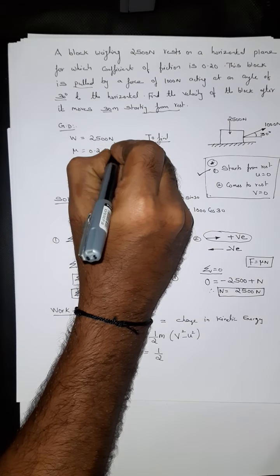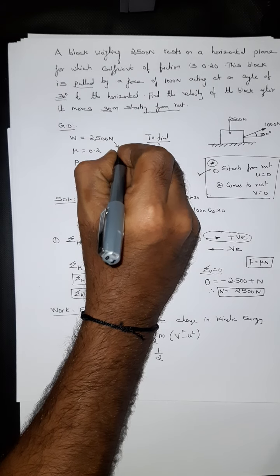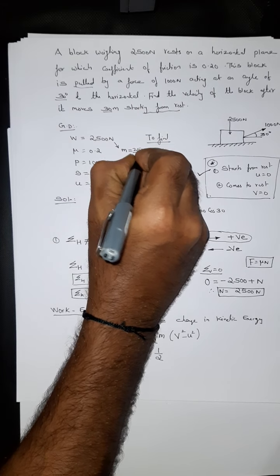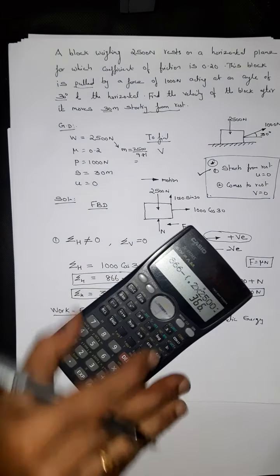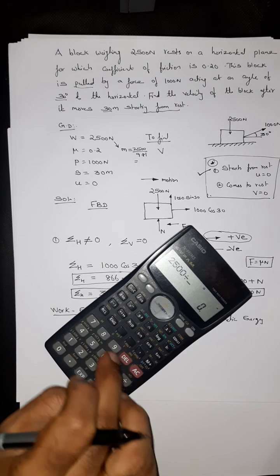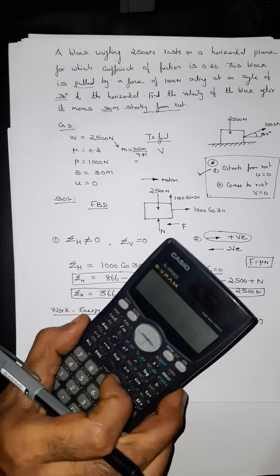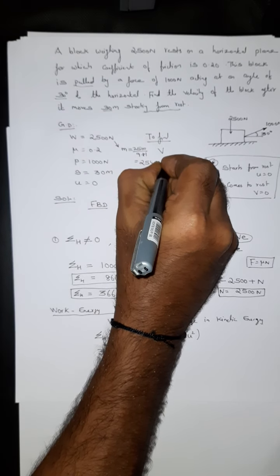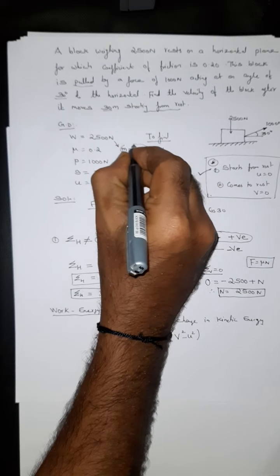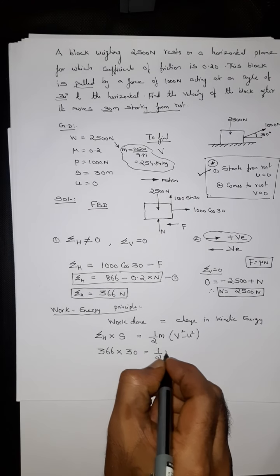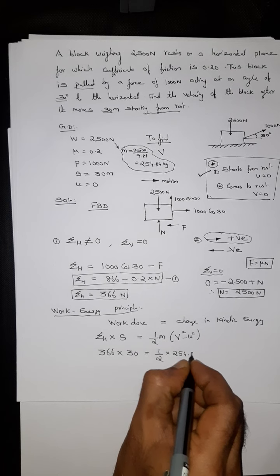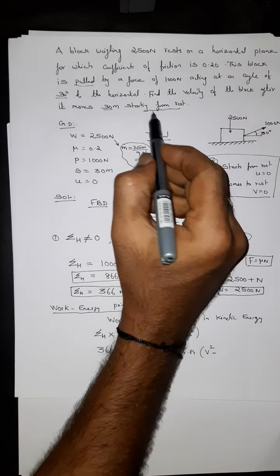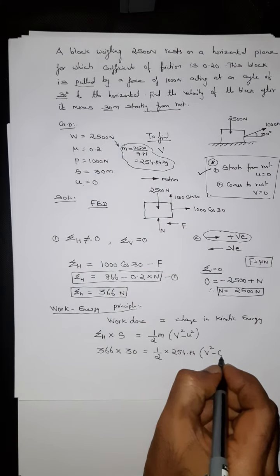So let me convert this into mass: weight W divided by g, 9.81, which works out to 2500 divided by 9.81, which is 254.84 kg. Into V square minus, since it starts from rest, U is equal to 0, that is 0 square.